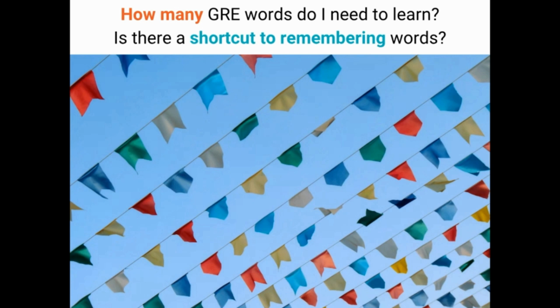And they need to know that you are prepared to look at those texts and understand what they're saying, to be able to communicate with other academicians of the same standard. So in order to do that, the GRE does end up testing you on vocabulary, but not intentionally, only for that purpose.